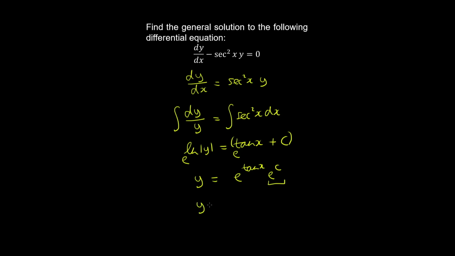So we can write y is equal to some other constant times e to the tan x. And that's our general solution, which you can differentiate and substitute back into this equation to verify that it satisfies the original differential equation.